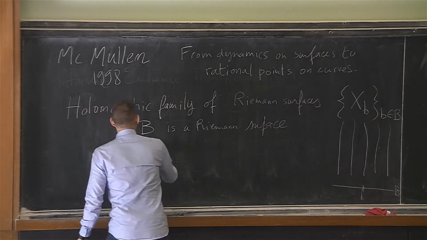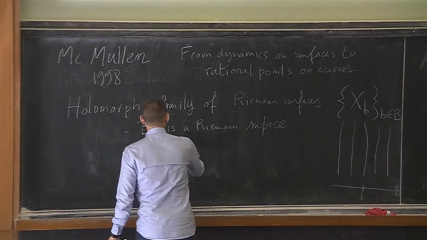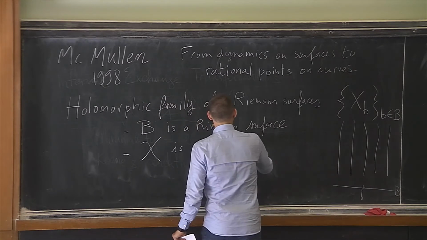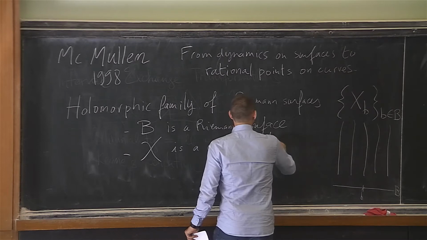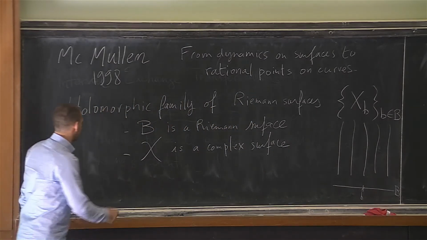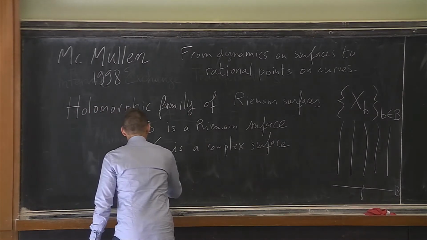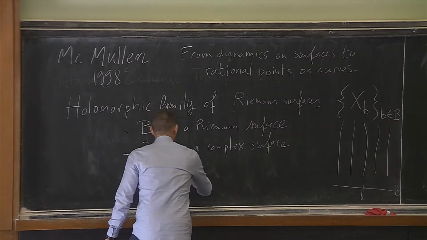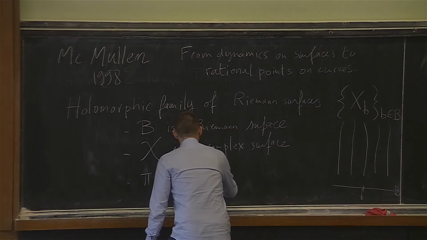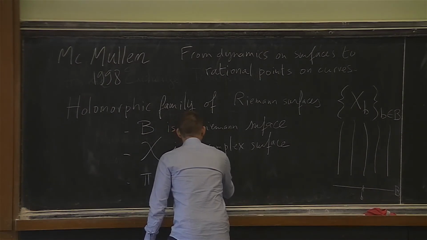This space is going to be denoted by X. In our case, it's going to be a complex surface, and we have a holomorphic proper submersion X to B.